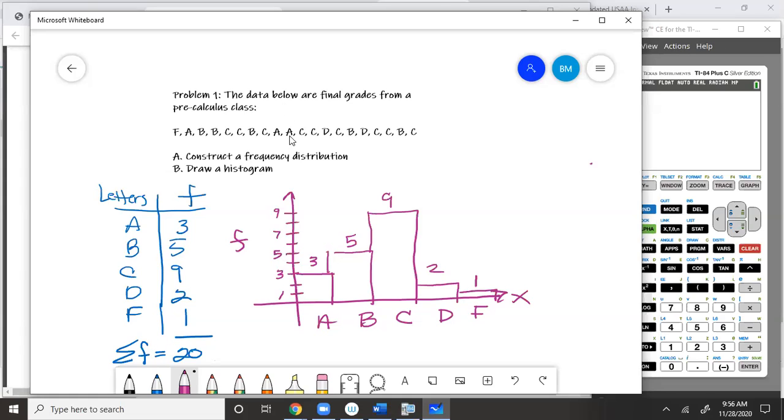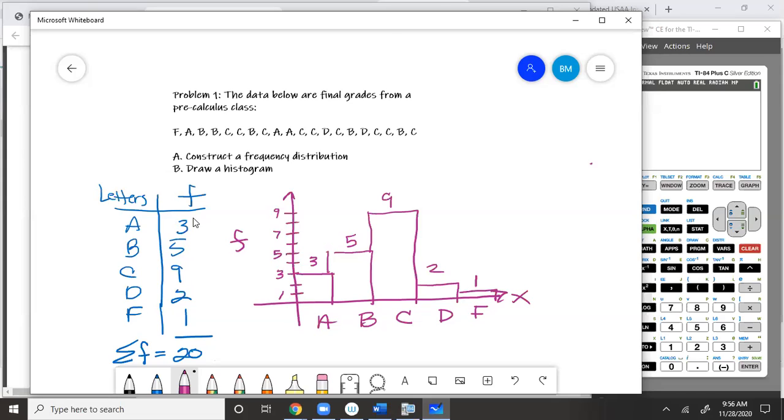The next part of this is to draw a histogram. A histogram is a bar graph where the bars touch each other. There are no spaces between the bars. We're going to represent the data on the x-axis and the frequencies on the y-axis.